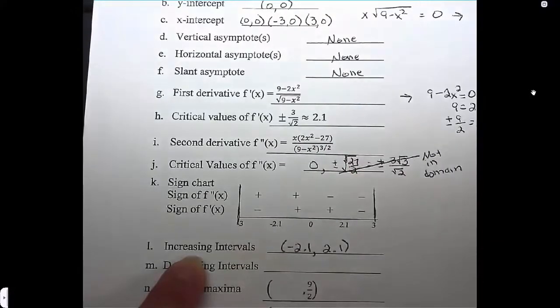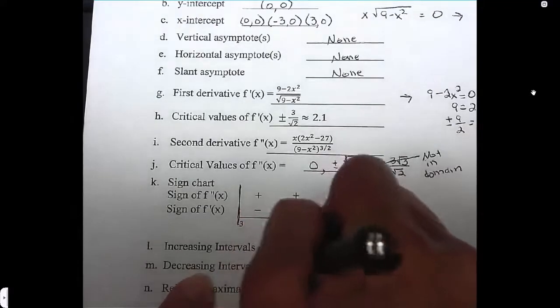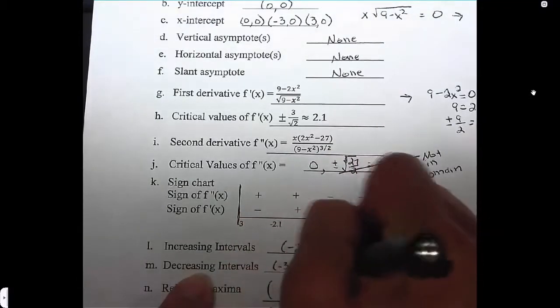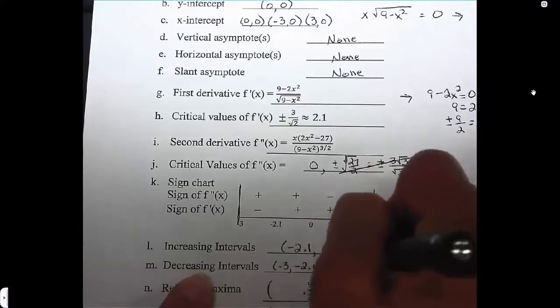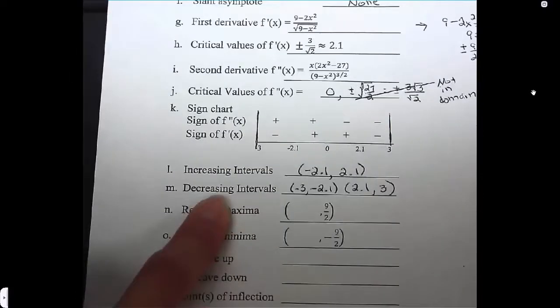And then what are the decreasing intervals? -3 to -2.1 and +2.1 to 3. Yeah, you didn't say infinity because 3 and -3 are the endpoints.